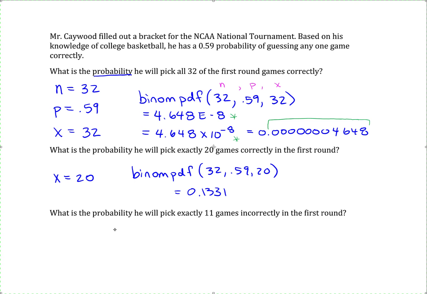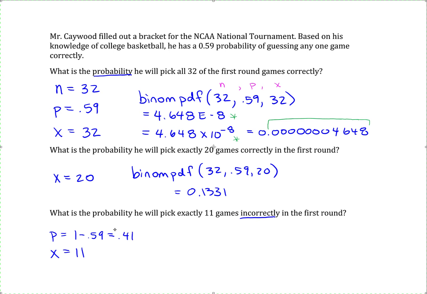What is the probability he will pick exactly 11 games incorrectly in the first round? So if we want exactly 11, we know that x should be 11. But here he wants to guess them incorrectly. So instead of using p as 0.59, we would use the opposite, which would be 1 minus 0.59, or 0.41.